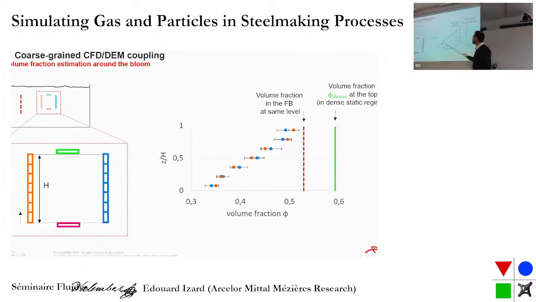Then I can plot the profile, which goes from 0.3 to 0.5 when we go from 0 to 1, so from the bottom to the top of the bloom. So this is the profile. If I'm looking at the very bottom, I find 0, in fact. This is why it is not shown here.